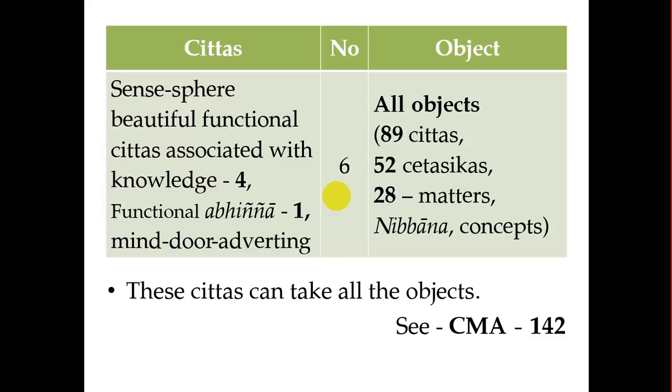Here, all objects means 89 Chetas and the 52 Cetasikas associated with them, 28 matters, Nibbana and concept. In other words, we can divide objects into four types, and when you divide in that way, it is much clearer. Number one, sense sphere.